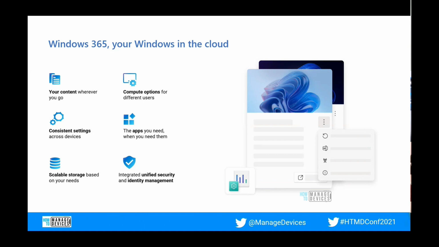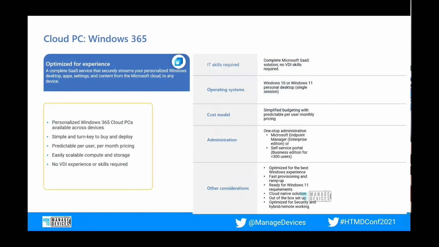This roaming includes all the settings we use in our general scenario, like the desktop wallpaper and many other things. Windows 365 can also be leveraged on any of the devices, with support for the best experience, also available at predictable prices. So that can be easily leveraged.